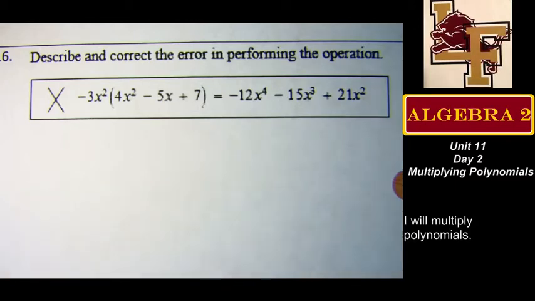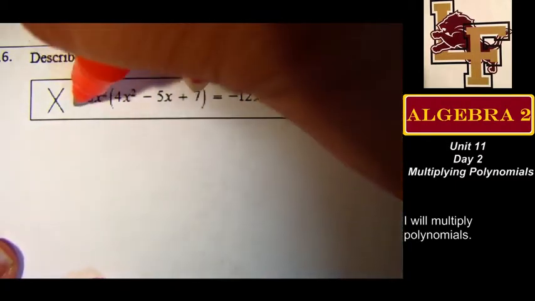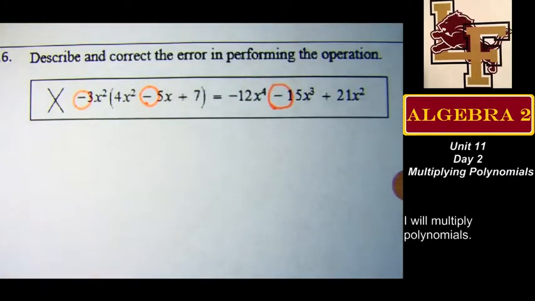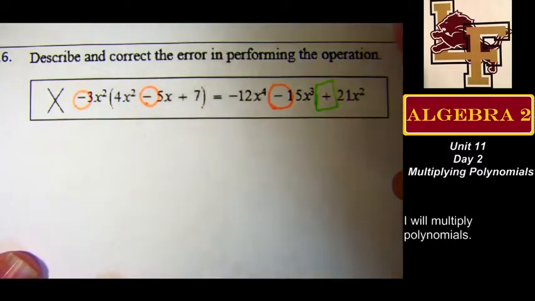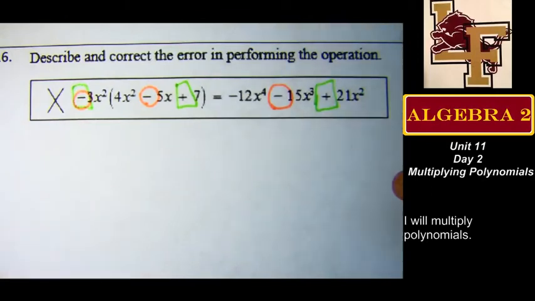The 15 should be a positive, because when I distribute this to this, a negative times a negative is a positive. Is that the only error? No, it's not the only error. The positive on the 21 should be a negative because I have a negative times a positive.